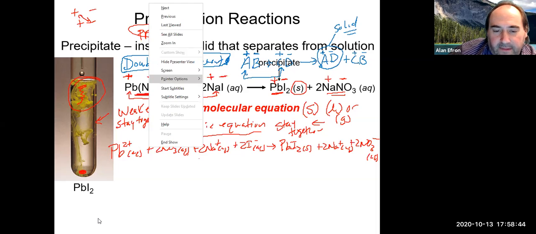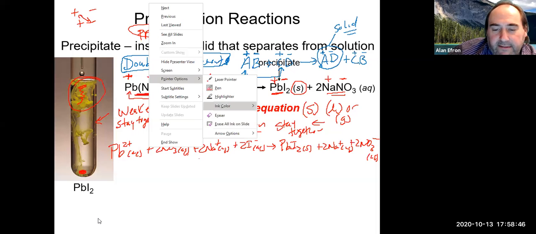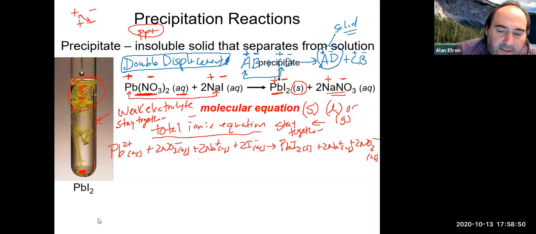Okay. Now, when we get to the total ionic equation, you should be able to look on both sides of the arrow, and you may find some ions that look exactly the same. If we look here, we have two nitrates on the left-hand side and two nitrates on the right-hand side that look exactly the same.